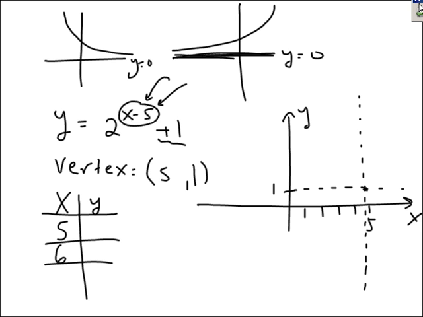Well, if x is 5, 5 minus 5 is 0, 2 to the 0 is 1. If x is 6, 6 minus 5 is 1, 2 to the 1 is 2. Same answers as before, 1 and the base, 2. Okay, so when x is 5, I go up 1.